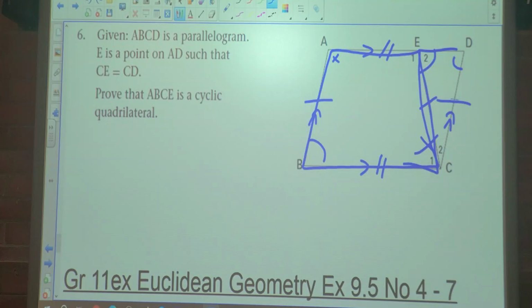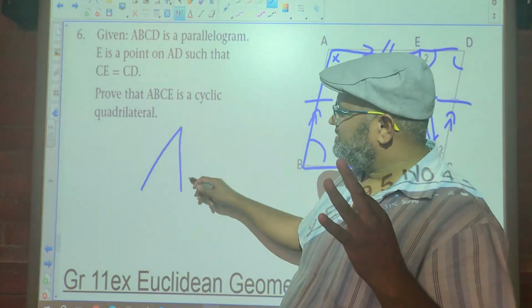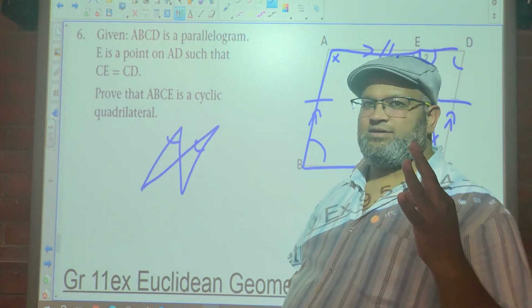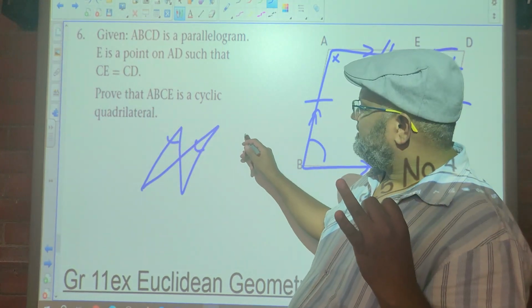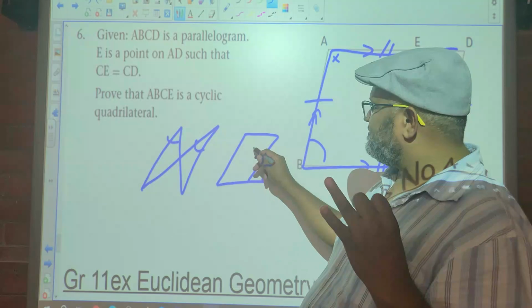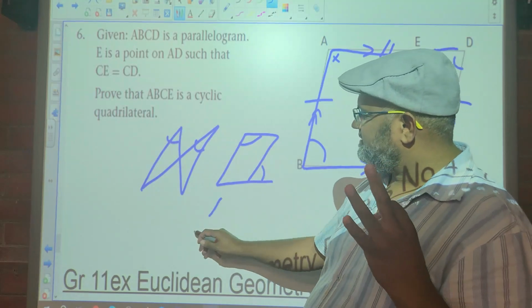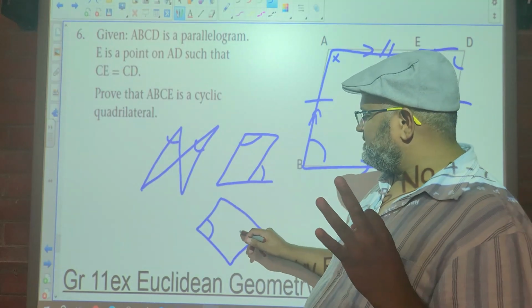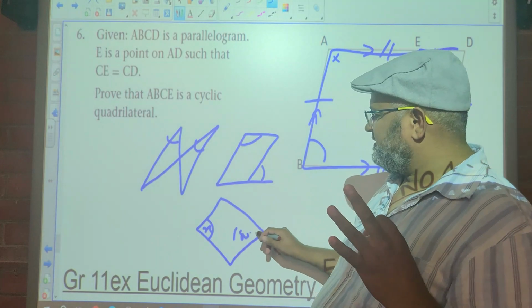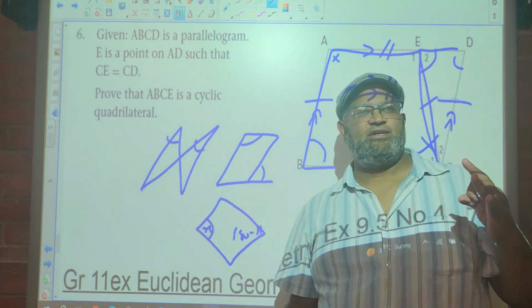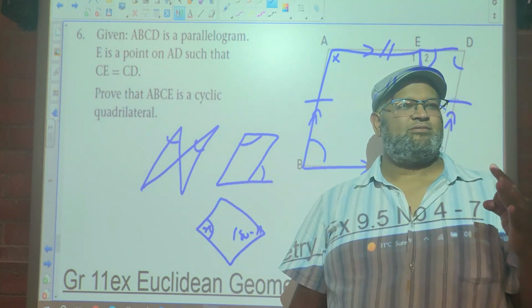How do we prove cyclic quads? One of three. What is it? The bow tie. And then? Exterior angle equal to the interior opposite. And then? Another one. Opposite angles are supplementary. We can prove any of these three. It will be a cyclic quad.